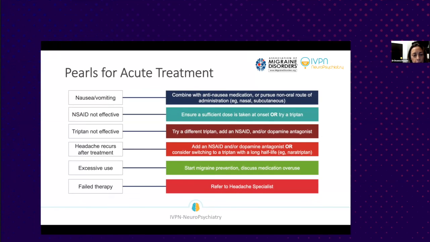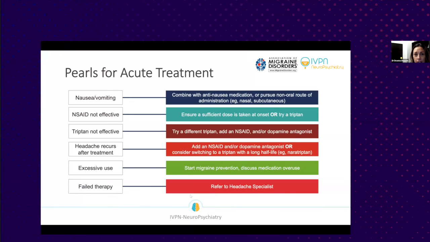So a few pearls for quick treatment. If one triptan is tried and it's not effective, we typically will switch and try another triptan. Once we've tried 3 separate triptans, what are the chances that a 4th triptan may be effective? It's rather slim. So, at the discretion of the provider, we may need to think about a different combination of approach, thinking about trying a different NSAID.